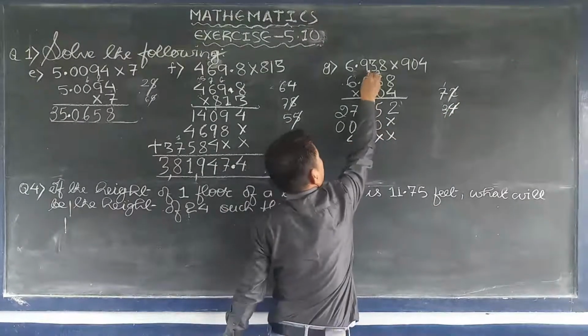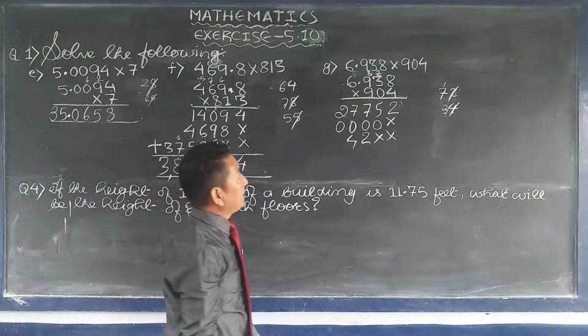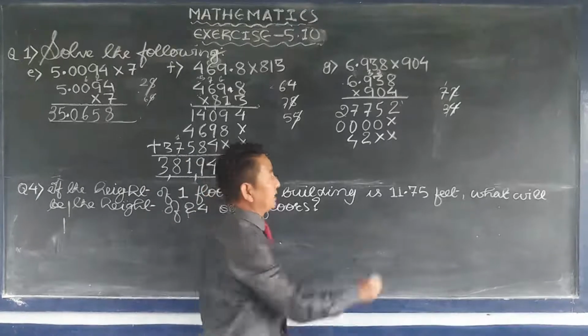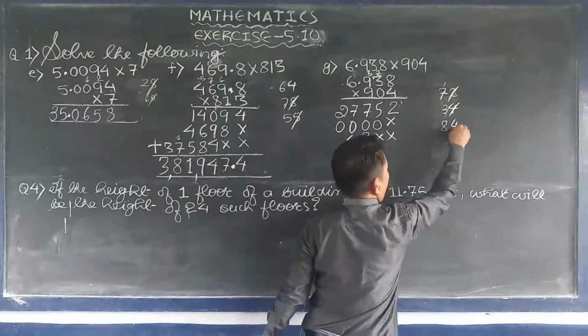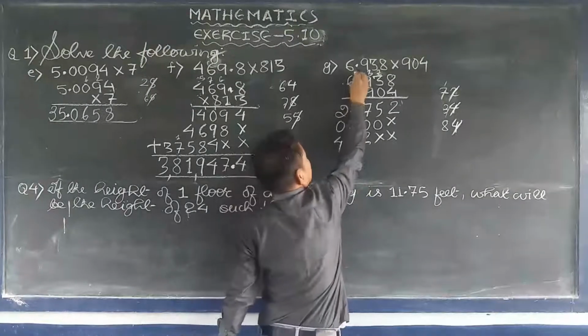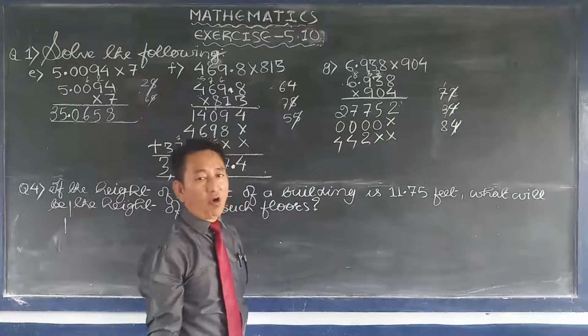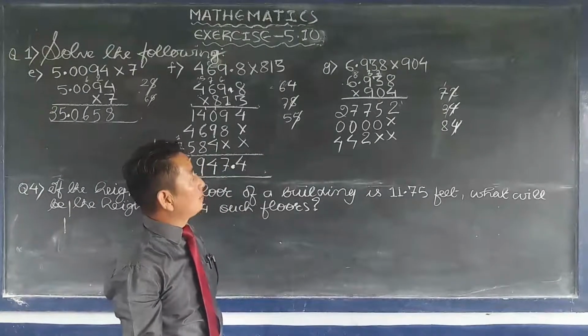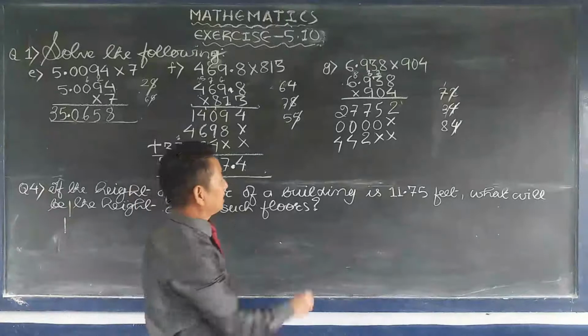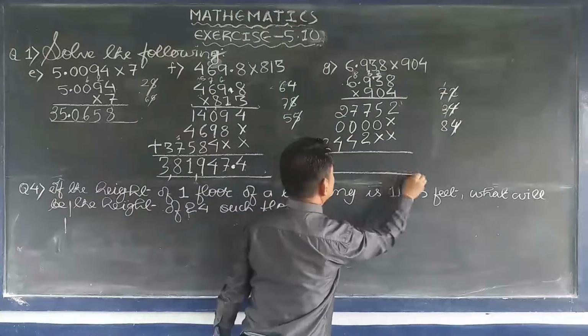Now we'll carry on 3. 9 9s are 81. 81 plus 3, 84. We'll write 4 here. Then 8 is carried on here. 9 6s are 54. 54 plus 8 is 62. We'll write 62 here. Now we'll add these numbers.